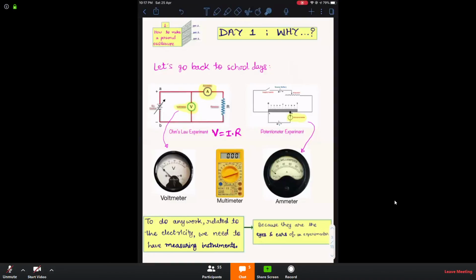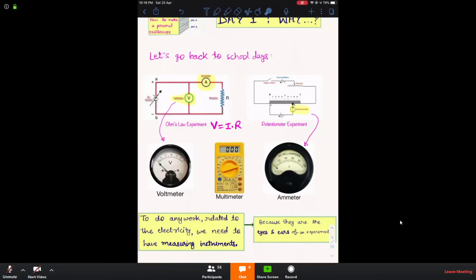And why do you need an electrical instrument? Why can't you do any experiment without these instruments? Because nobody can see electricity. So if you are doing something related to electricity, you will have to use measuring instruments so that you can understand what is happening in the circuit.